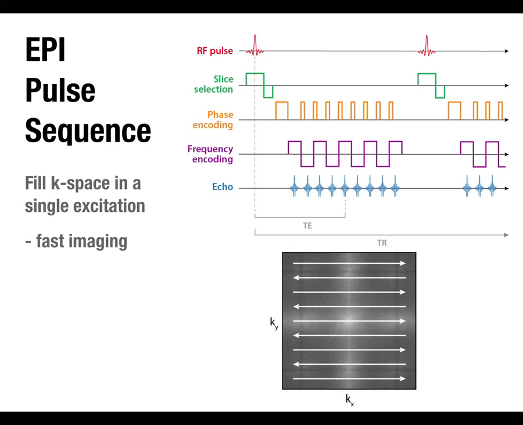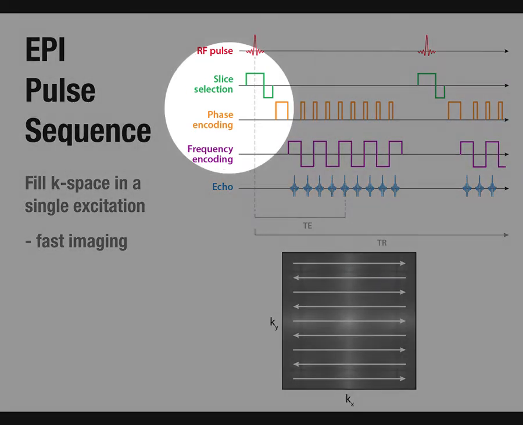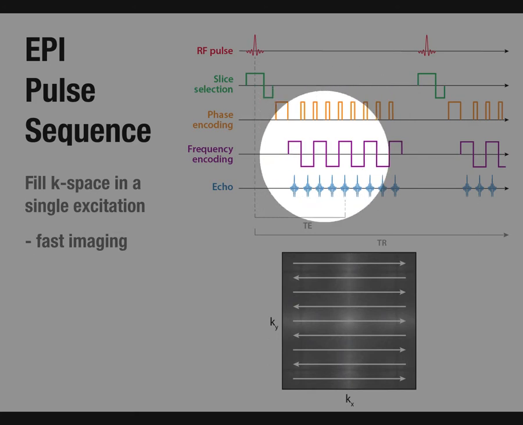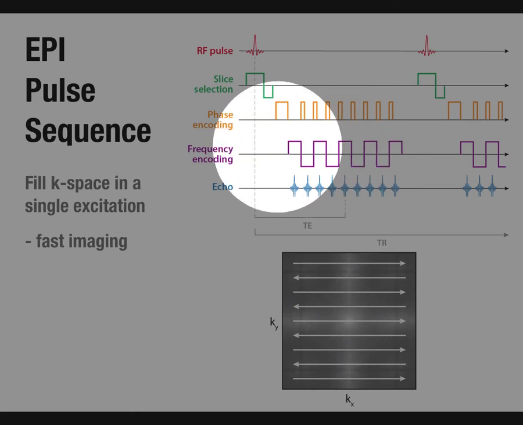And then you have to do another RF pulse combined with slice selection, and then a different phase encoding gradient to get the next line, and keep doing that repeatedly. So to get one slice, you have to do multiple RF pulses, multiple phase encodings, read it out, and that all takes time. The idea of echoplanar imaging is after a single RF pulse, you can complete your whole slice. You can do all the phase encoding steps and all the frequency encoding steps.